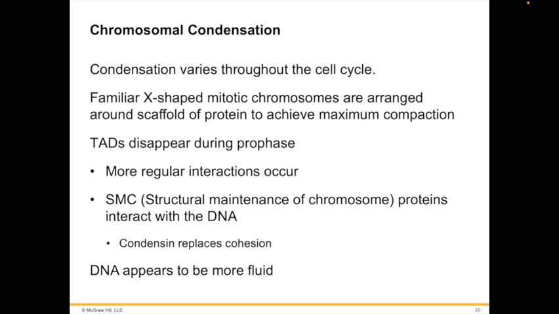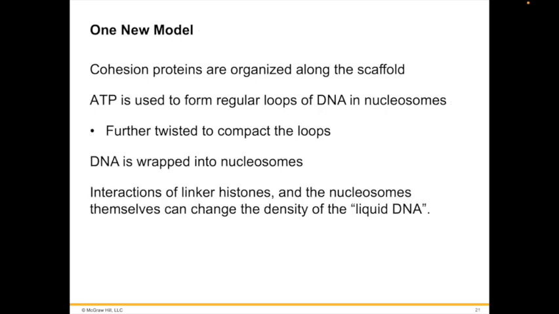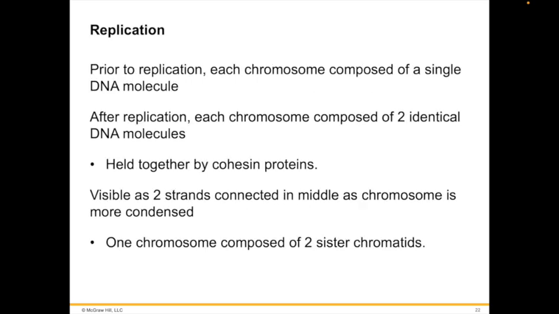When DNA is replicated, the single molecule in each chromosome becomes two identical DNA molecules held together at their centromere by cohesins. As each chromosome becomes more condensed, it becomes visible as the X-shaped structure in a karyotype. At this point, we still call this one chromosome because it is composed of two sister chromatids.